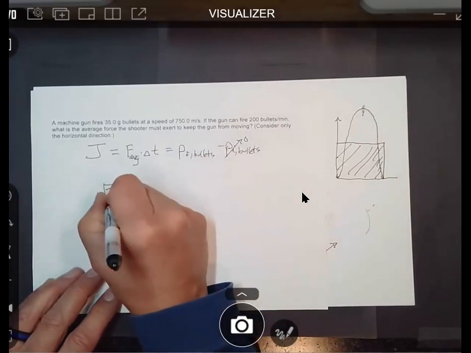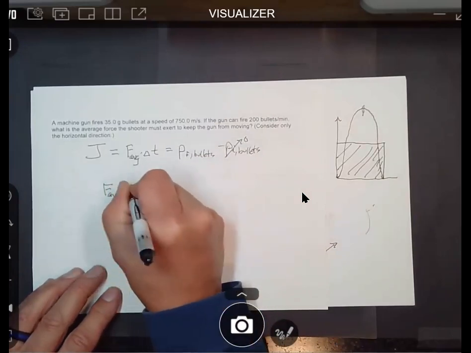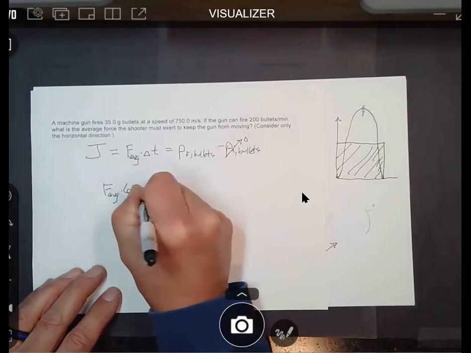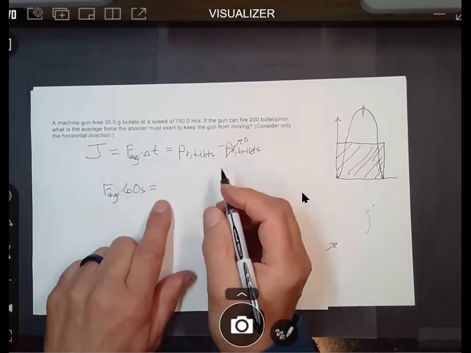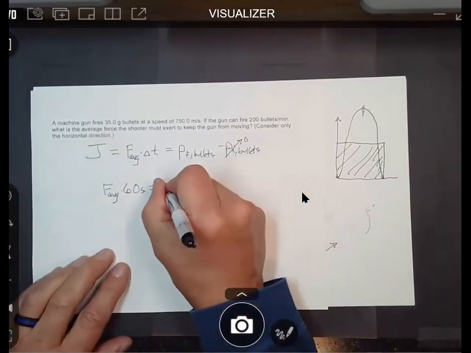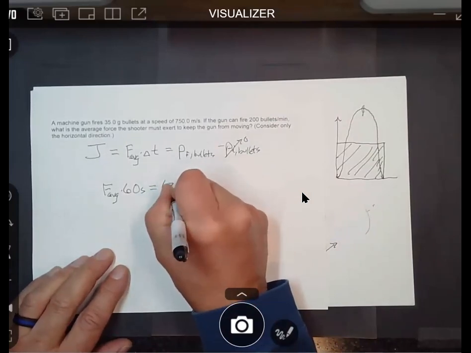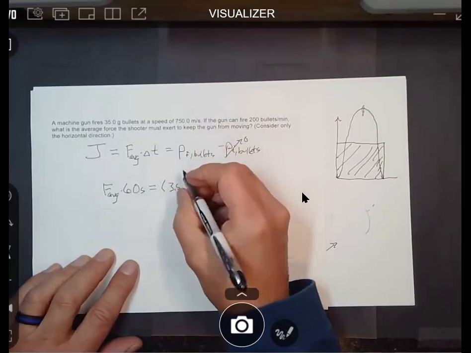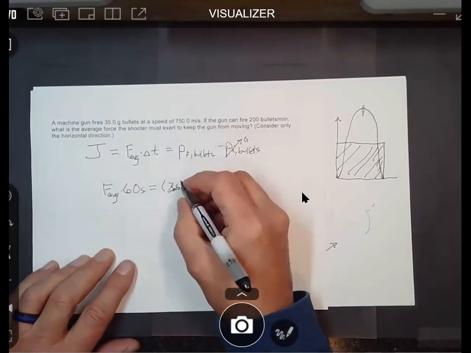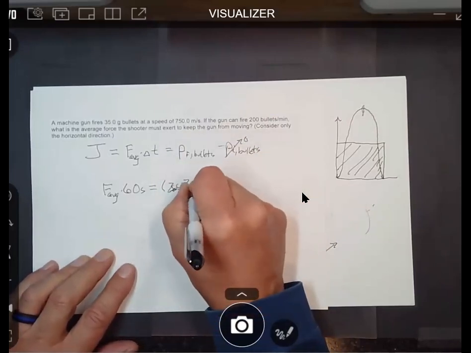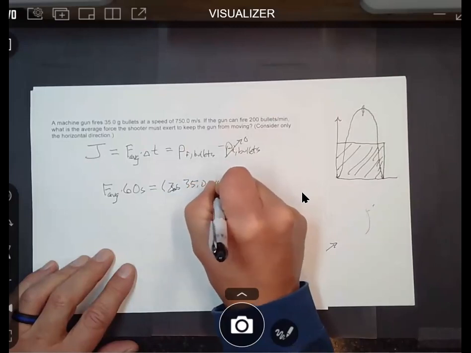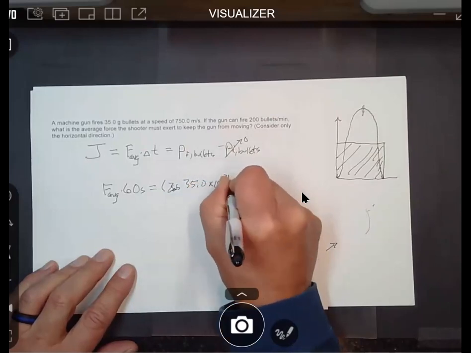So F average times 60 seconds is going to equal, well, we'll take one of those bullets. 35 grams, I'll write it as 35.0 times 10 to the minus third kilograms.